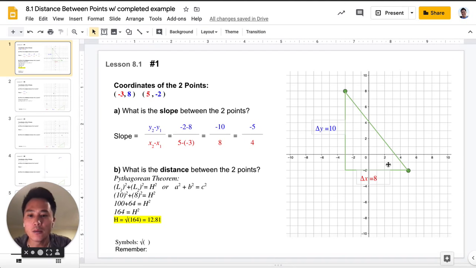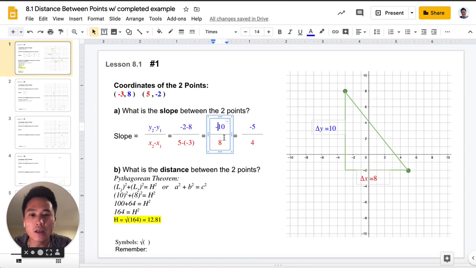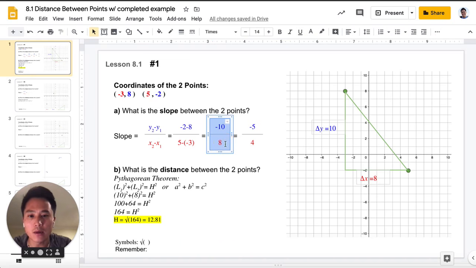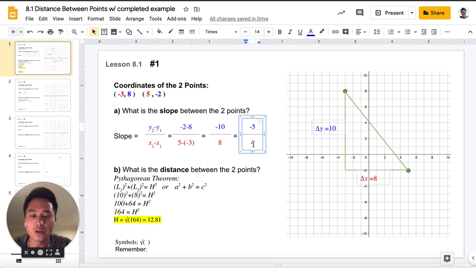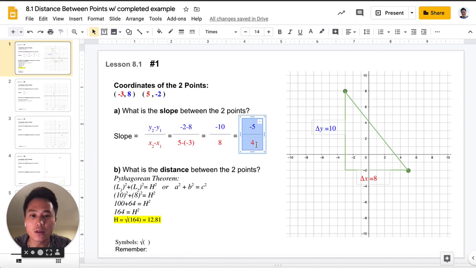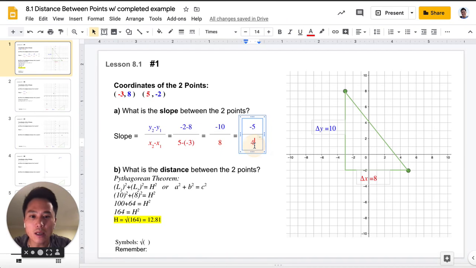Now, an important thing to remember, notice how when we are using the lengths of these legs, right, we're using the numbers from the unsimplified slope, right? That was the -10 and the 8. A lot of times what students will do is they will use the numbers from their simplified slope as the lengths of the 2 legs. But notice if you do that, right?